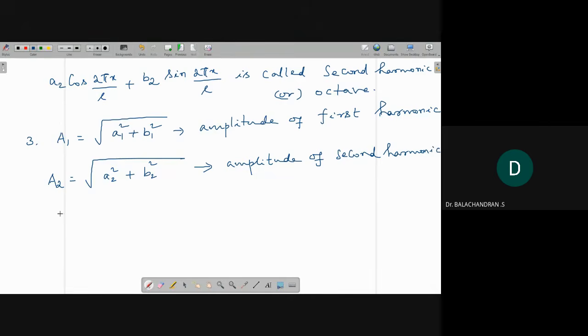Okay. So note number 4. This is the last note.